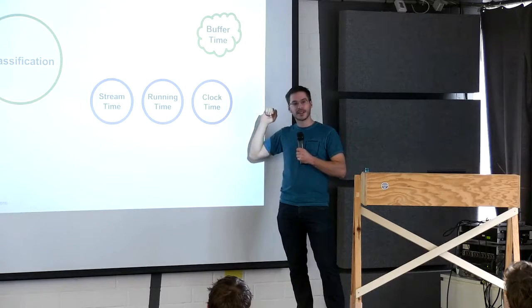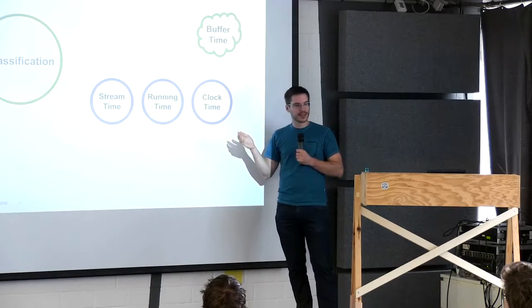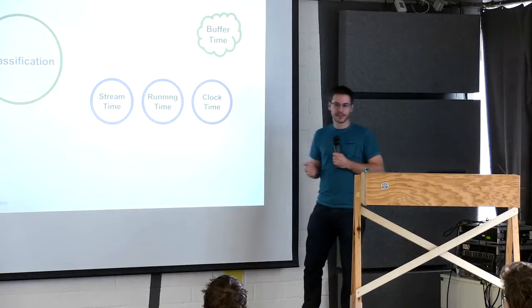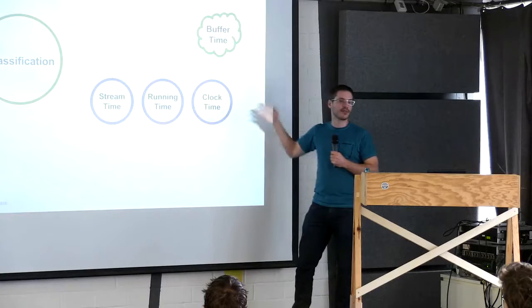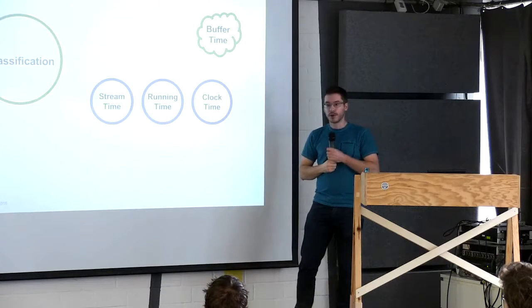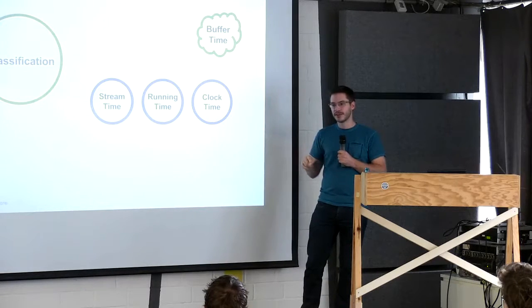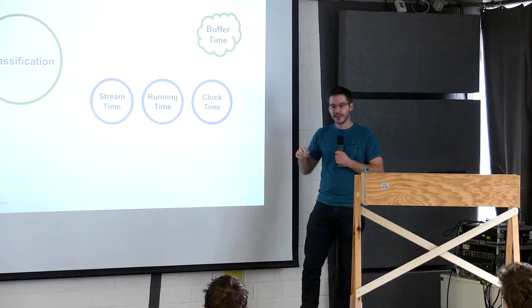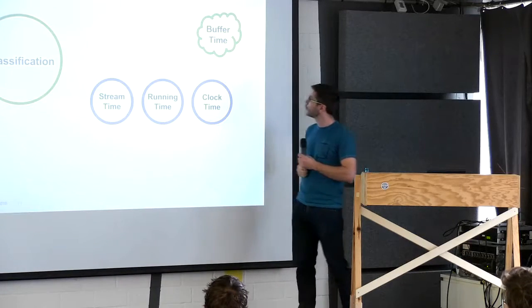The clock also has the capacity: some clocks will keep running in pause, and some clocks won't. So the running time is here to actually compensate for that deviation in clocks. A good example, most audio clocks are derived from a running ring buffer. So when you're not playing, the ring buffer is still, and the time is not moving.